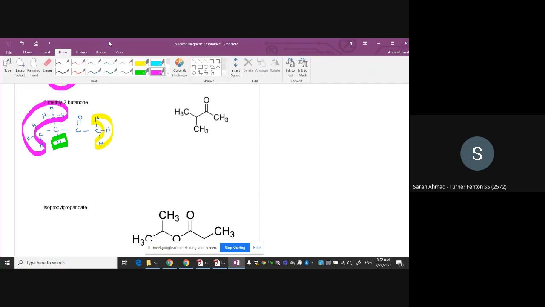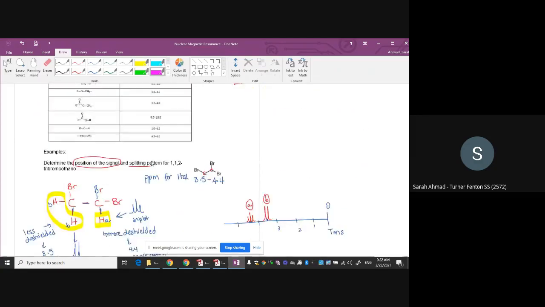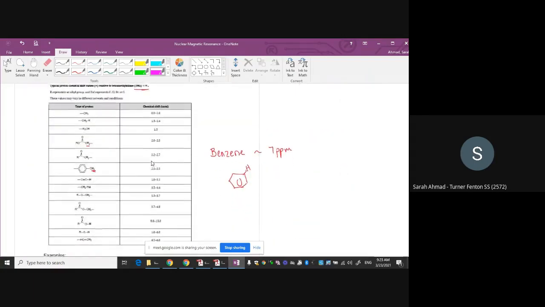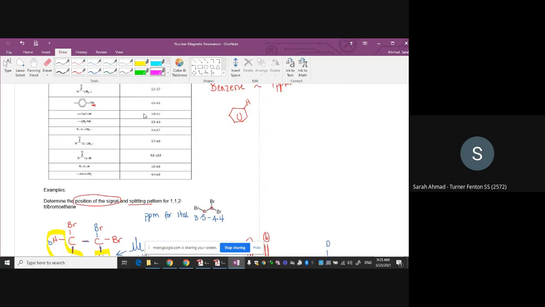Let's start talking signals. So this time I will look at the numbers instead of leading you astray. We're looking for proton environments near a carbonyl. Proton environments near a carbonyl are in the 2.2 to 2.7 range, right?